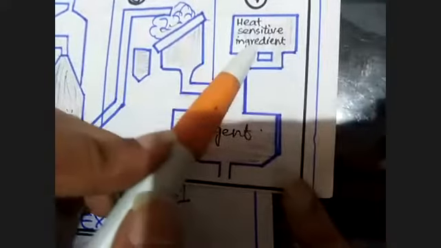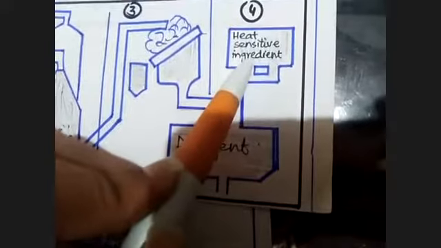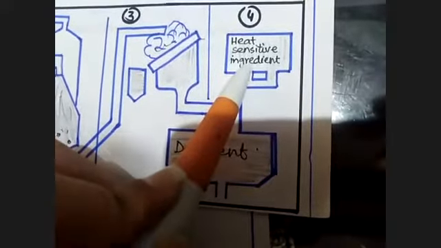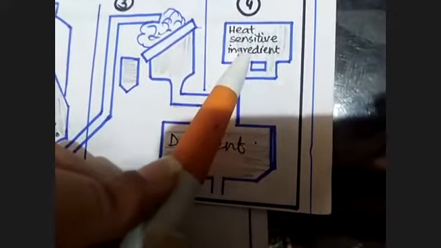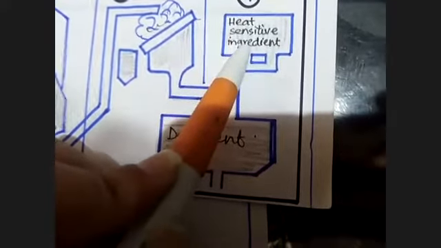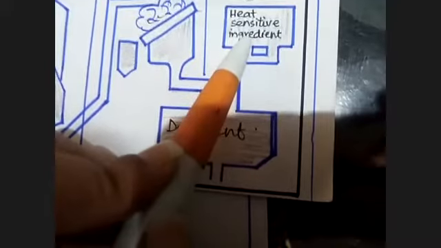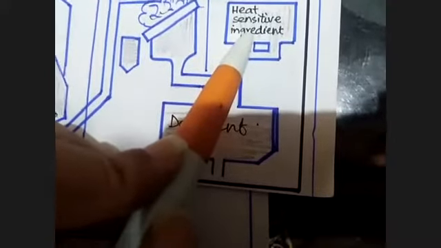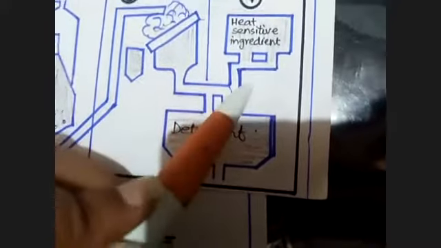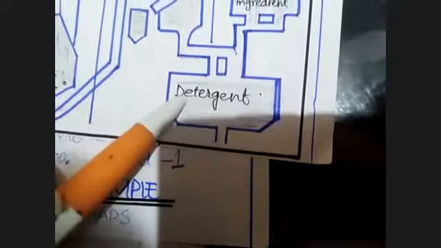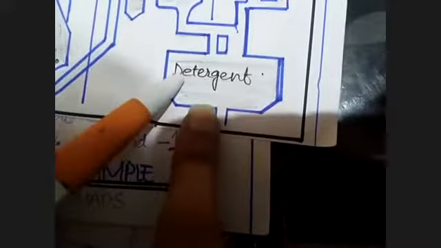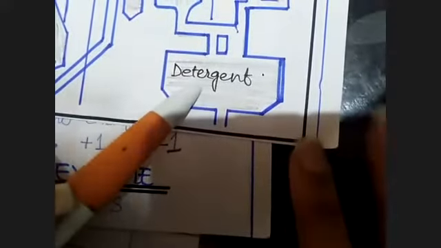In the fourth step, after the granules are cooled, heat-sensitive ingredients which are not compatible with the dry heat temperature, such as bleach, enzymes, or fragrance, are added here. And in the fifth step, the final product, detergent, is obtained and the packaging occurs. This is the industrial preparation of the detergent.